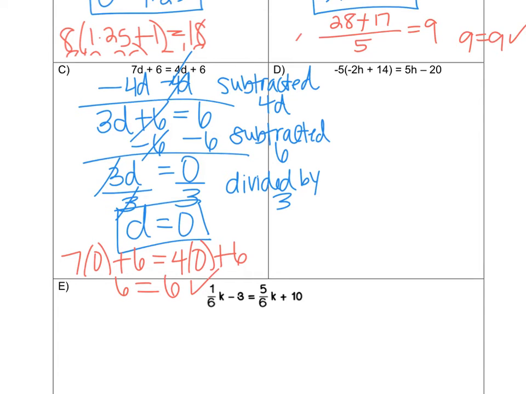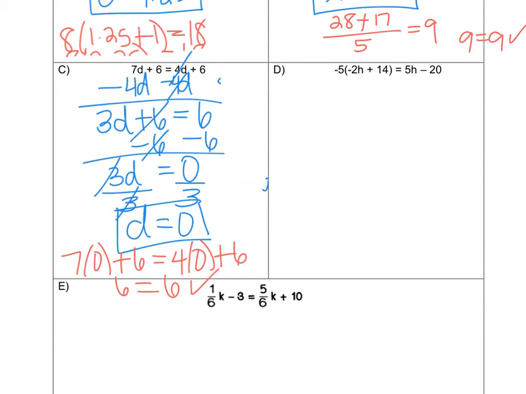Okay, I'm about to erase this, so make sure you have it written down, so I'll have more room to work on problem D. Alright, so on this problem, let's go ahead and distribute out this -5 because my variable is on both sides of the equation, so I can't just divide everything by -5.